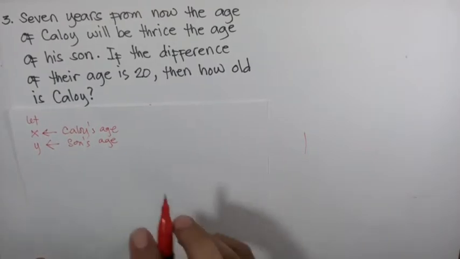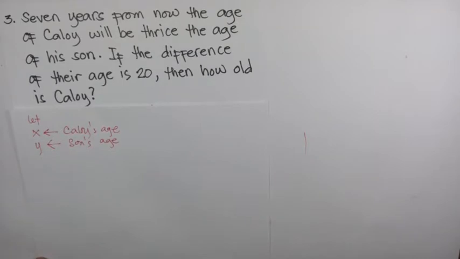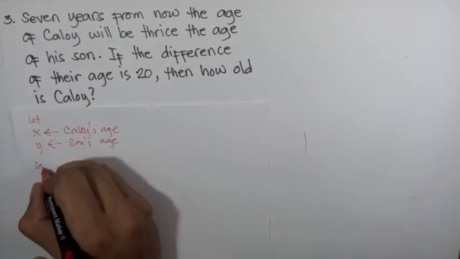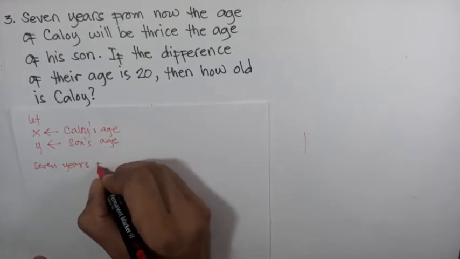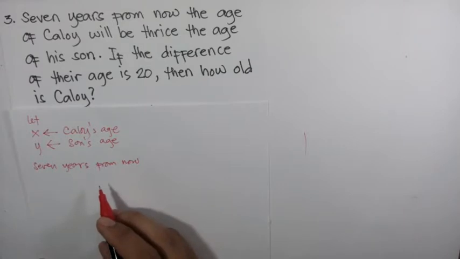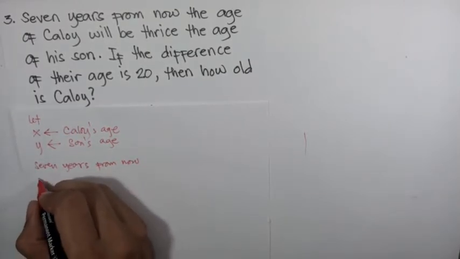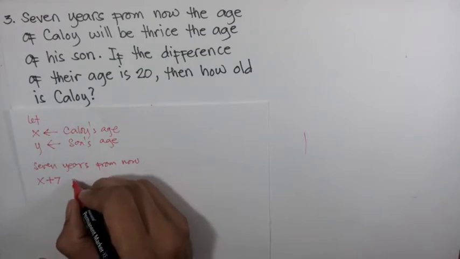Now, 7 years from now, so take note, there's the word here, 7 years from now. It's not the present, but rather it's in the future. So since it's in the future, you are going to add something to their age now. So 7 years from now, the age of Kaloy is x plus 7. It's in the future, Kaloy's age.